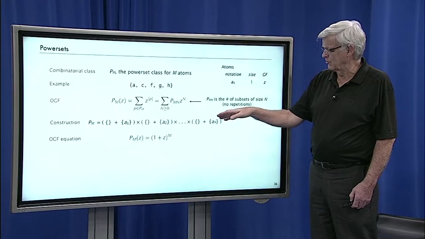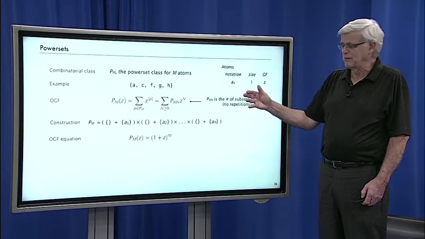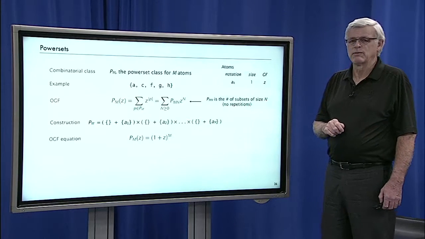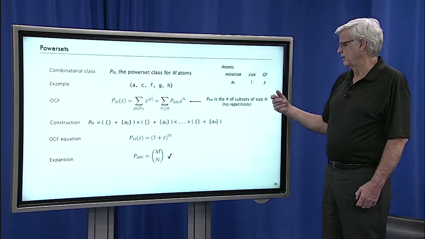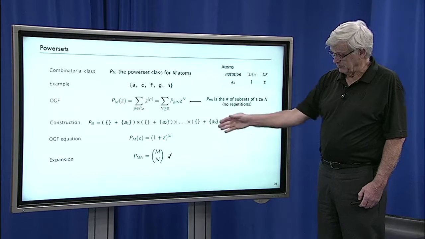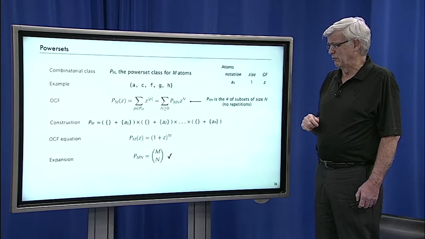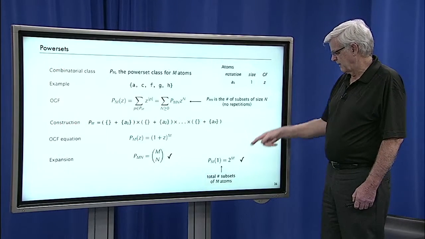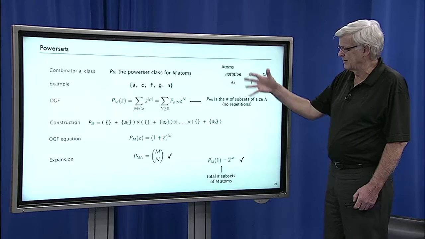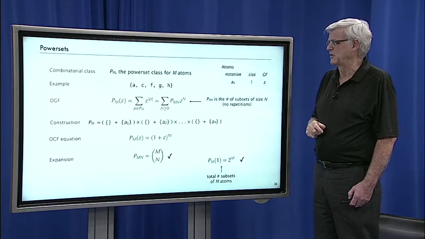Since the generating function of each one of these is 1 plus z, and there's m of them, that immediately gives the OGF equation P_m(z) equals (1 plus z) to the m, or the expansion, the number of subsets of size n of m items is m choose n, which is familiar from elementary combinatorics. So that's power sets. If you take P_m(1), that's the total number of subsets of m atoms, that's summing on n, P_mn, and that's just 2 to the m.